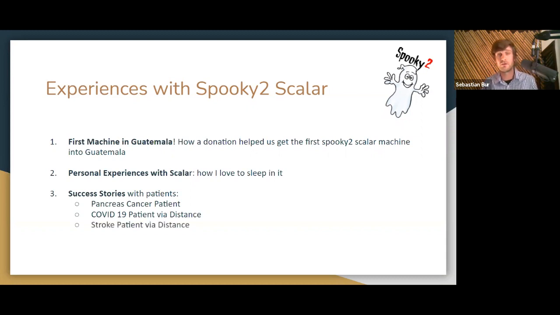Another story with another friend from California, who himself is a healer, and he had all of a sudden this stroke, and he wouldn't feel his left side anymore. It was all getting numb, the left leg and the left arm. And we just said, well, the only thing we can do is put you on this machine.